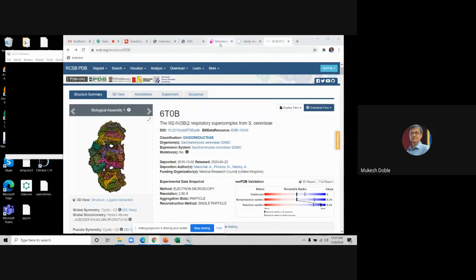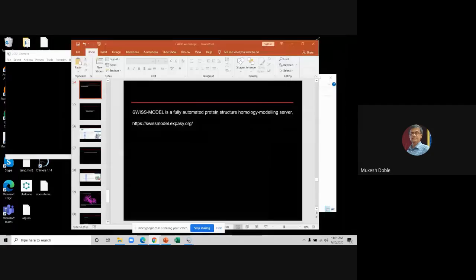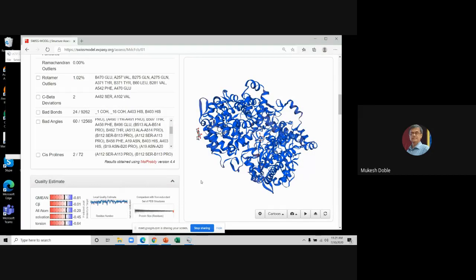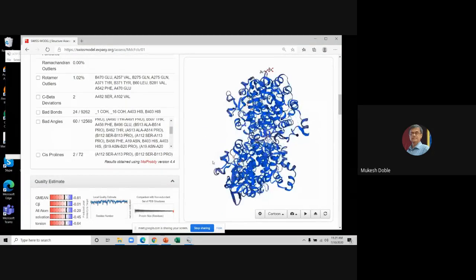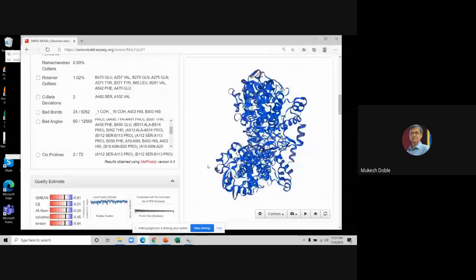Then we can remove the aspirin, and then we can put our drugs of interest, the various ligands which we are working on. Okay, so this is the modeled protein. As you can see here, aspirin is here.